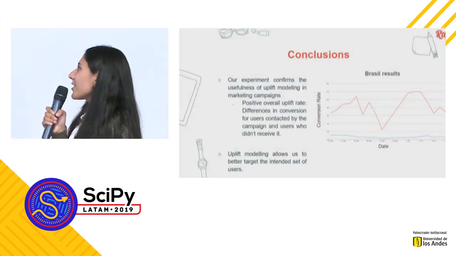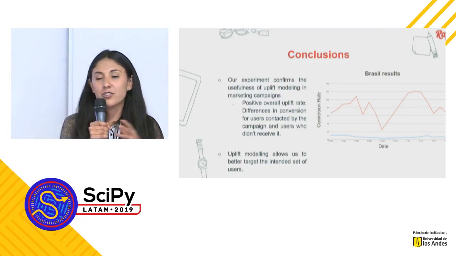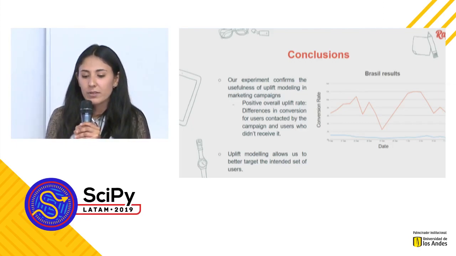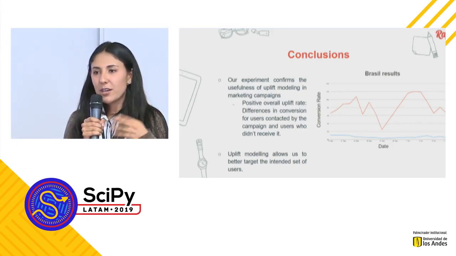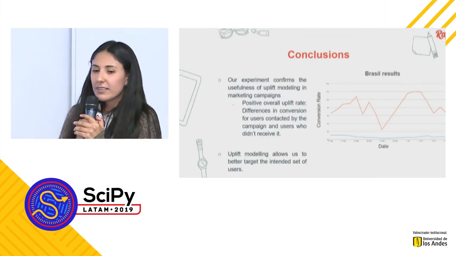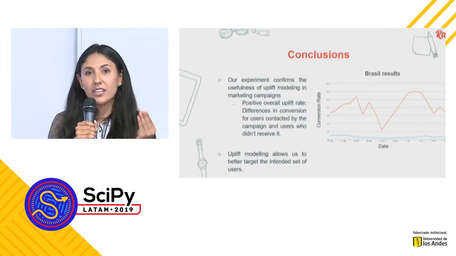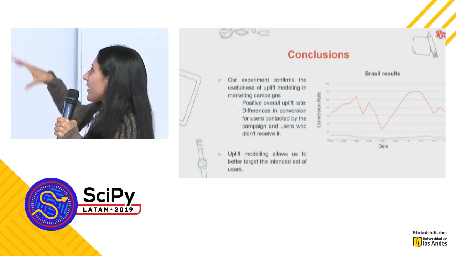So these are some conclusions from the experiments that we did in our 7 countries. We saw that this uplift modeling methodology has a really important impact because it helps us to target our users better. For example, this is a result for Brazil.